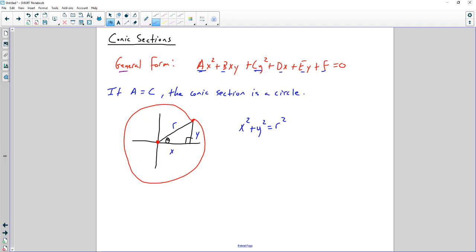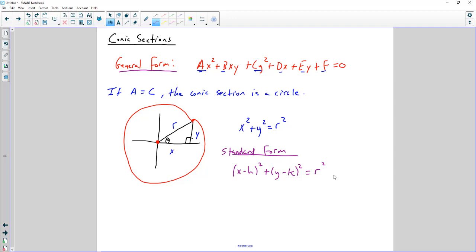Okay, so we have a general form, and there's going to be what I call a standard form for a circle. It'll look like this. It'll be x minus h squared plus y minus k squared, and this will equal the radius of the circle squared.